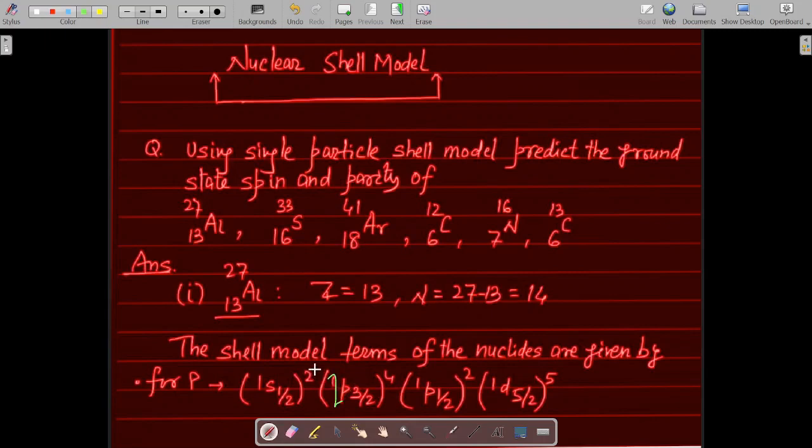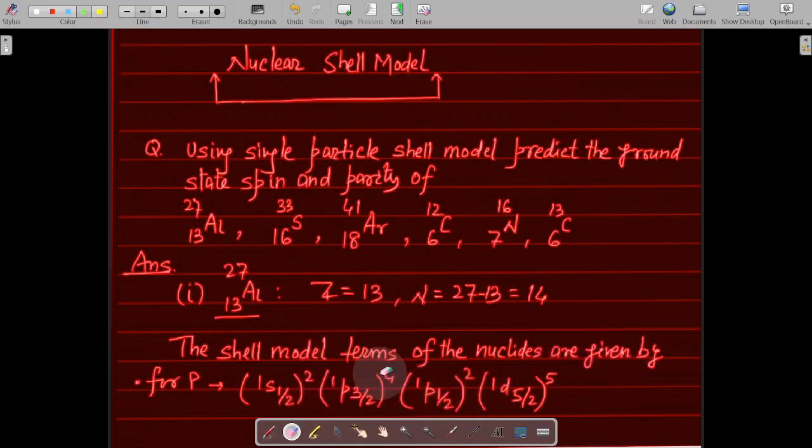The second shell has started as 2 nucleons are filled up. Then over here it will be the third shell, and over here P is repeated once again. It should be P only. So it will be 3, because P has already been taken over here, so it is another P over here.